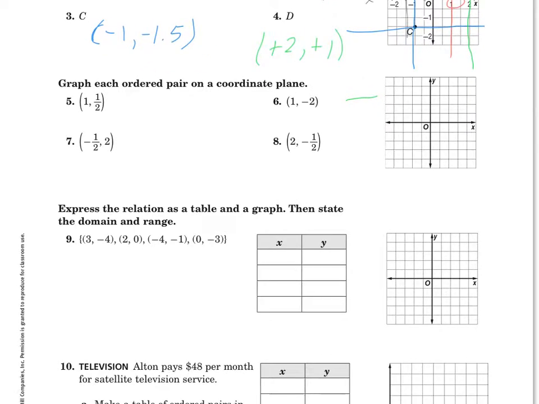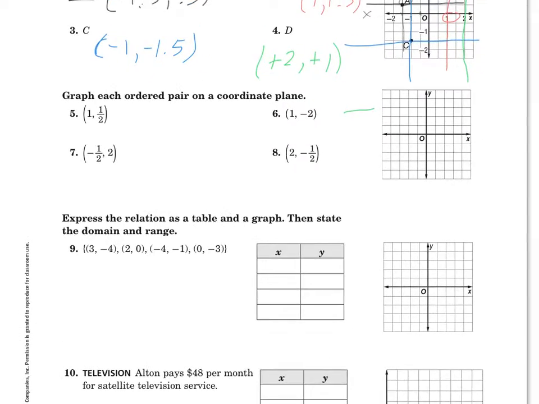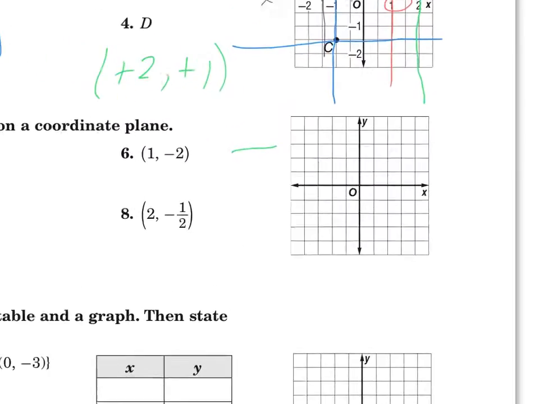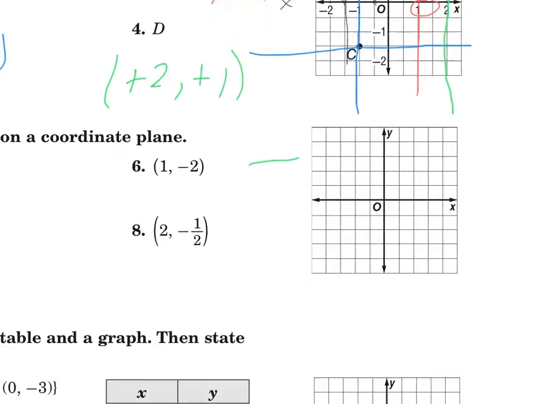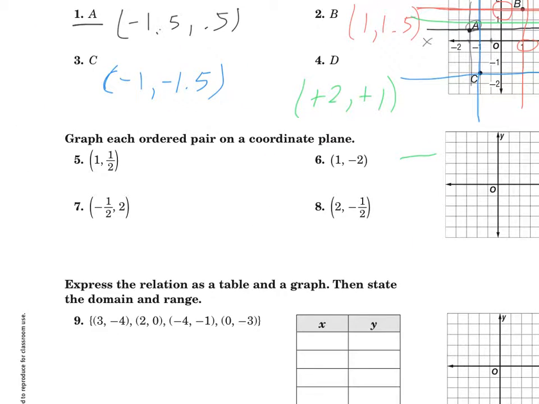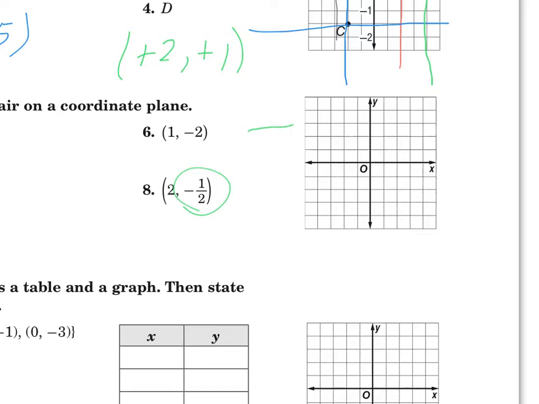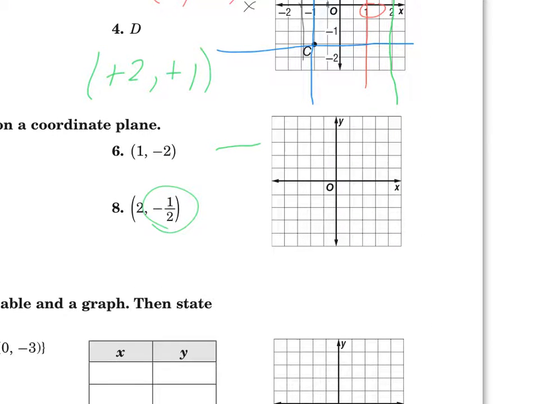In problems 5, 6, 7, and 8, what they want us to do is plot the points onto the graph. So first thing we have to do is label it, and because in our questions they're using halves, these points have halves, we want to include halves in our scale.